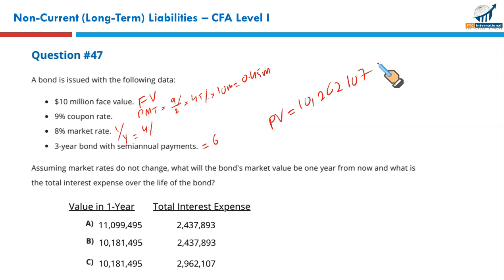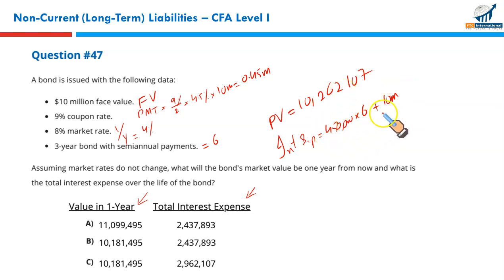Now, what is needed? We need to calculate the value of the bond in 1 year plus the total interest expense over the life of the bond. So what's going to be the interest expense? Interest expense is going to be 450,000 every 6 months, and there are 3 years period, that means 6 biannual payments plus the 10 million par.